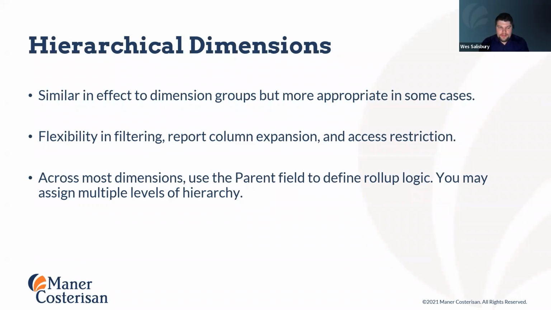So if you want to all of a sudden roll up a bunch of your departments into an operating department parent dimension, all you have to do is set up a department called operations, and then edit all the children departments to have their parent field refer to operations. You don't have to do anything special outside of using that parent field that you've probably seen when setting up dimensions.